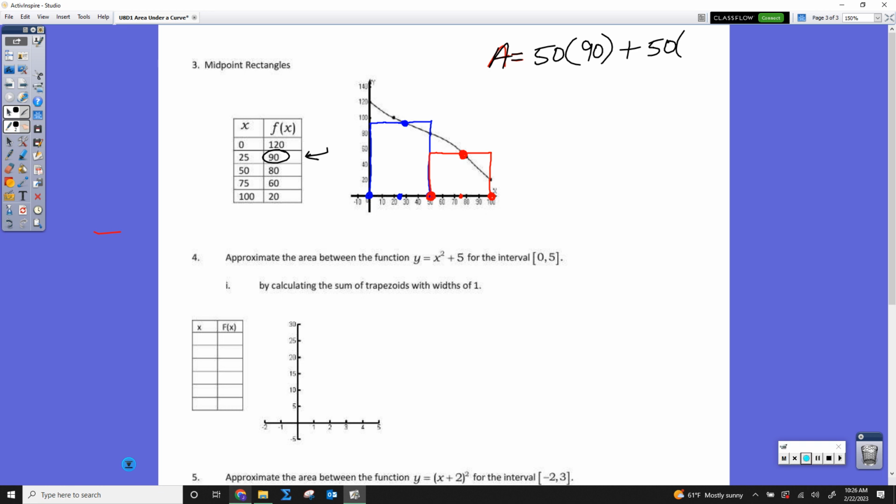And then a height, where we use this point, 75, 60, to determine the height. So 60 would be the height of our rectangle. And we're going to use those values to determine our approximate area. Let me do that real quick. Not too bad of a problem. So we're looking at approximately 7,500 square units.